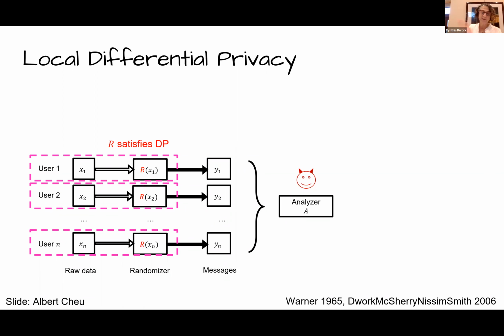So the trust boundary does not extend around the yi's. So here, noise is introduced by each user, and that noise adds up in the yi's, and that leads to a large error and large sample complexity. But I'll give you an example of how this works.